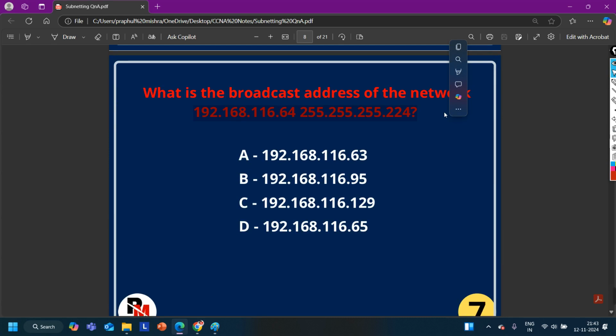Broadcast address is dot 60. 63, sir. Not 63, 53, sir. See, the broadcast address of the network. Is this a valid IP or invalid? Like network ID, broadcast, or valid IP?